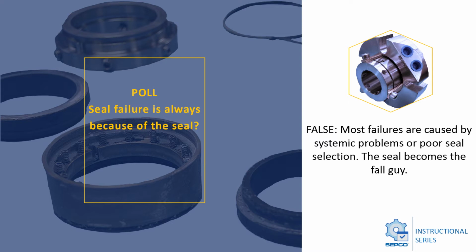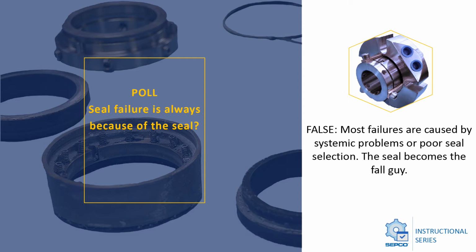So when people think they have bad seals or seal issues, changing another seal or another manufacturer's seal into that same pump without changing anything that's causing those failures is not going to change anything with the way that seal or that pump is running, or the reliability of that pump.